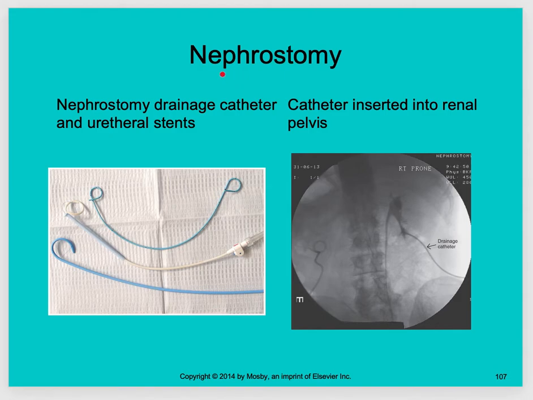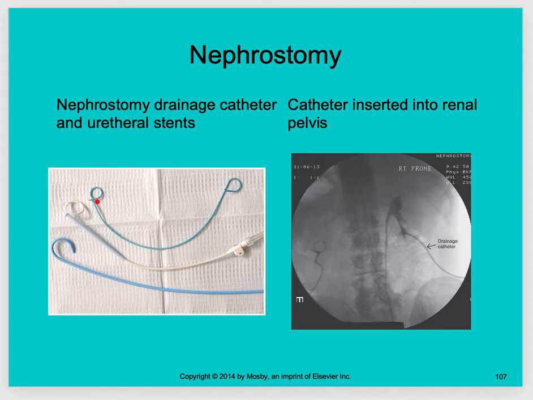So nephrostomy, they're going to insert stents. Stents can run from kidney to bladder. They can run from kidney to the outside of the body to a collection bag, just depending on what needs to be done.